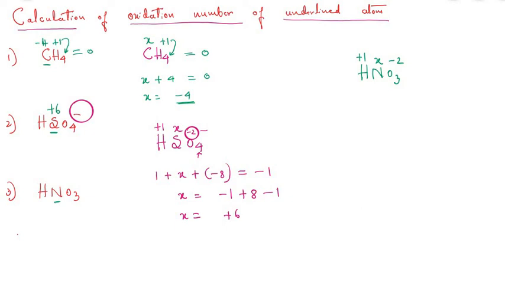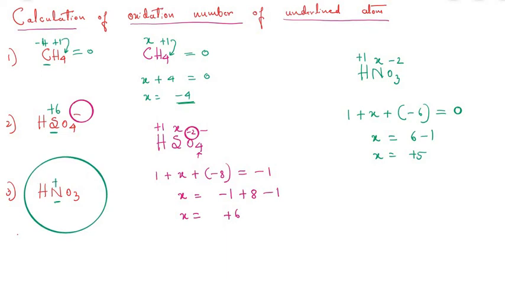And I have to simplify 1 plus X plus 2 into -3, that becomes -6, and that will be equal to 0. So X have to calculate. X is equal to 6 minus 1, and X is equal to +5. So the oxidation number or oxidation state of nitrogen in HNO3 is +5. Concept is clear, students?